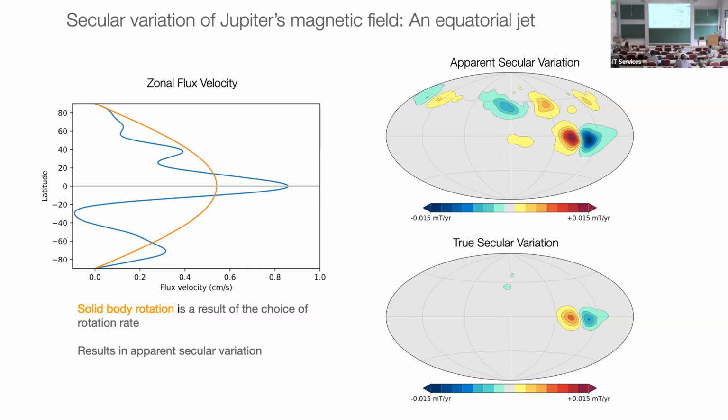But much of that signal is due to the solid body rotation, this frame of reference problem. And when we look at the true secular variation, we find that's arising almost entirely from motion of the great blue spot due to this jet at the equator in which the rotation rate is greater than this adjustment to the solid body rotation.